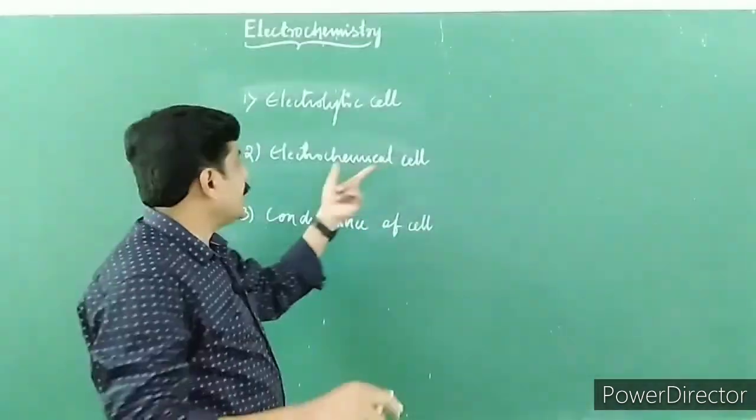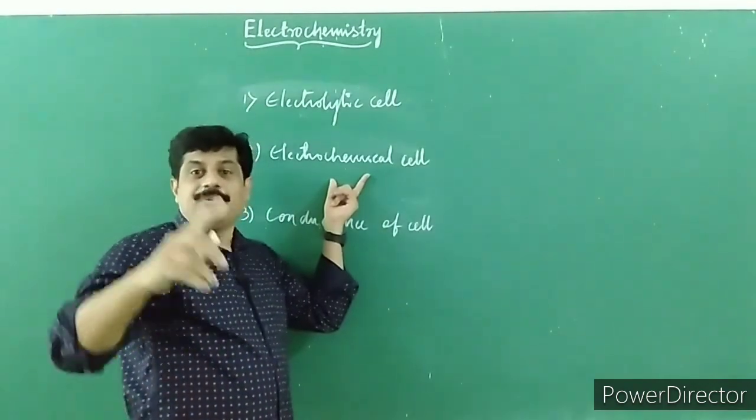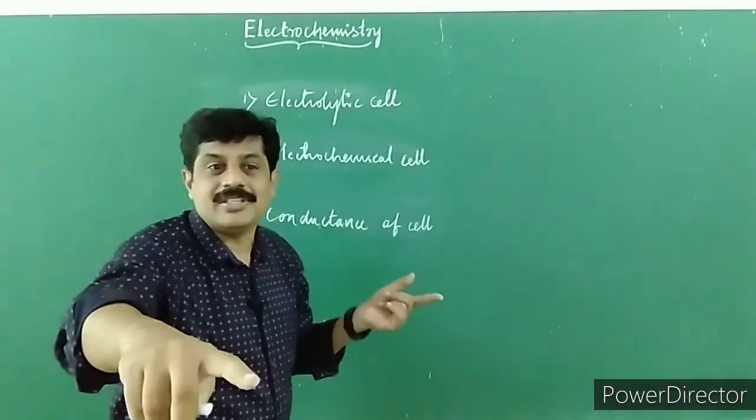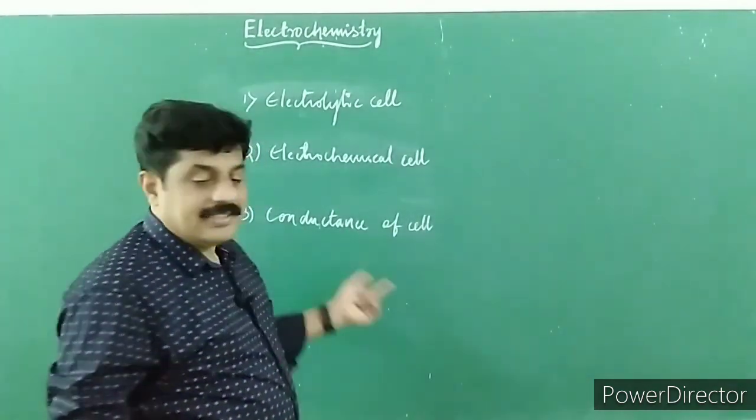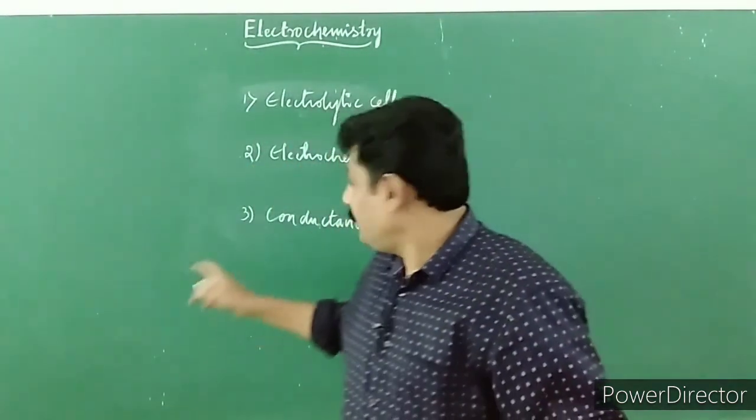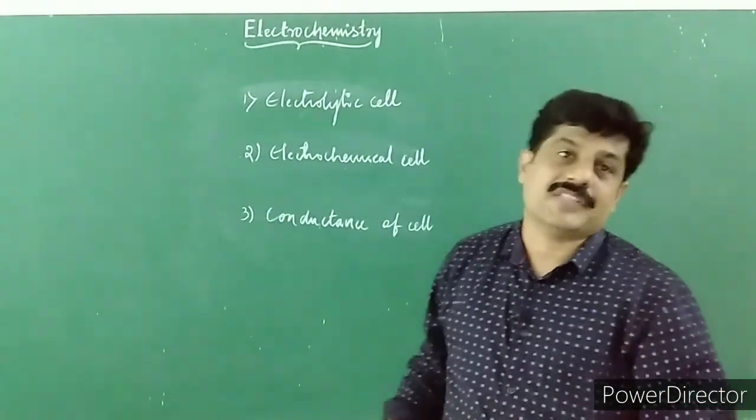I repeat, electrochemical cell is a device which converts chemical energy into electrical energy, whereas the third one, children, is very important, that is conductance of cell.